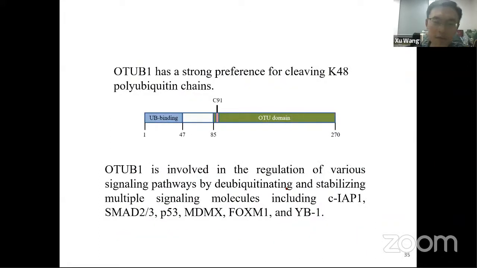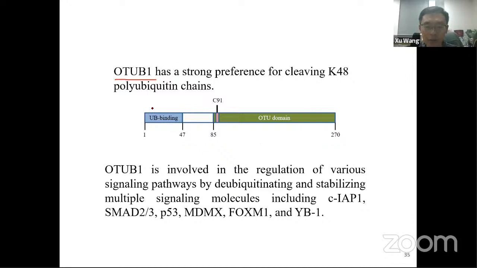So in the second project, I studied the function of another deubiquitinase called OTUB1. Unlike A20, which has a preference for cleaving K63 polyubiquitin chains, OTUB1 likes to cleave K48 polyubiquitin chains.